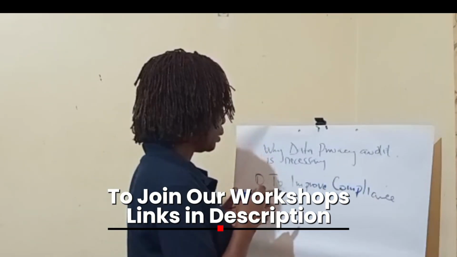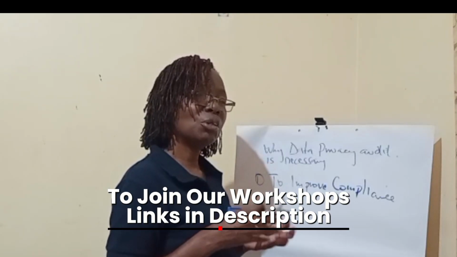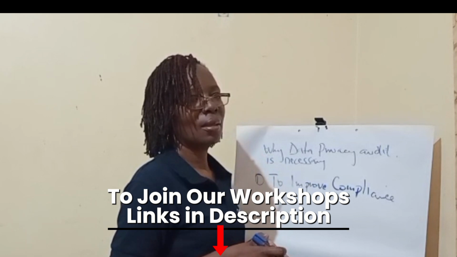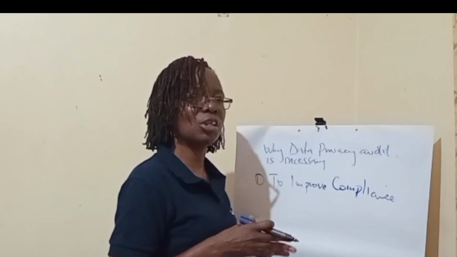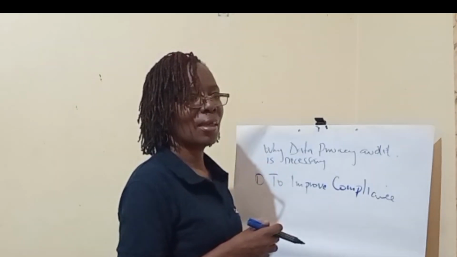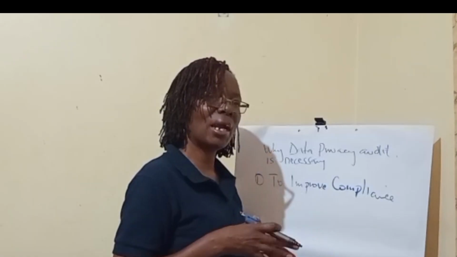So companies have to do the data privacy audit to be on the safe side, because if they don't do it, it will be very expensive for them. If they ensure there's a regular data privacy audit, they'll avoid all these penalties and fines. And this would really put them on the safe side of compliance.